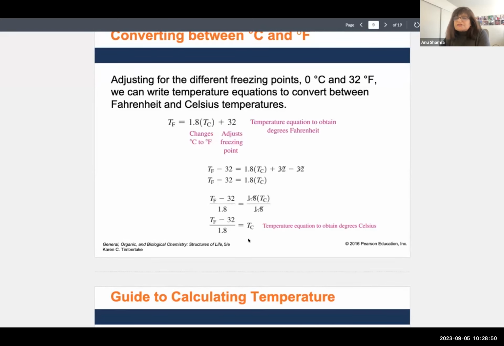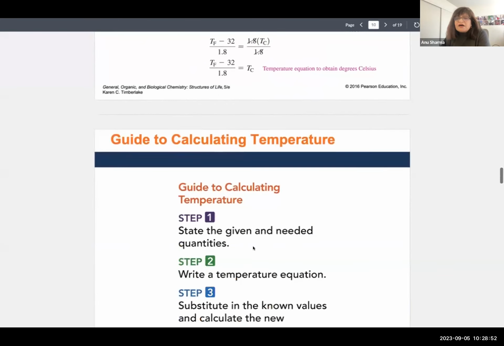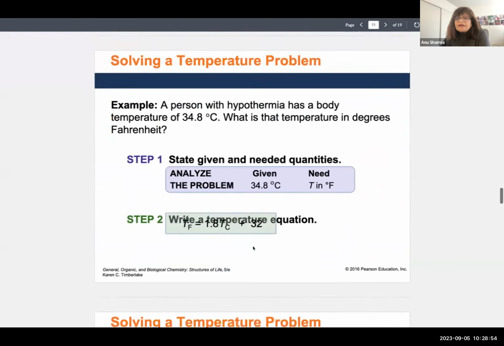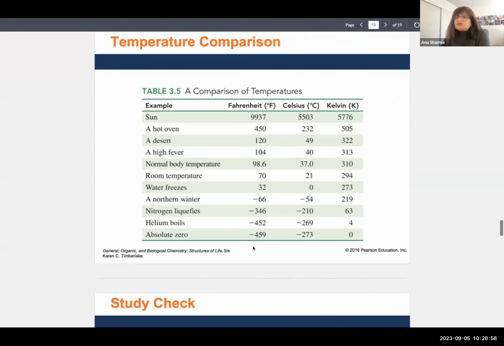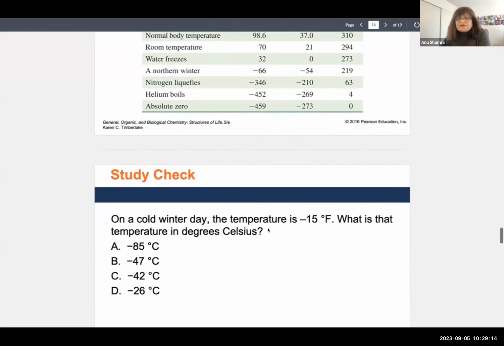These two are given on your handout. We have already covered it, but just to tell you, the boiling and different points like nitrogen in Kelvin liquefying at -346 Fahrenheit or -210 Celsius, those things.